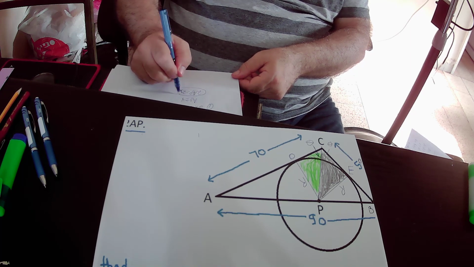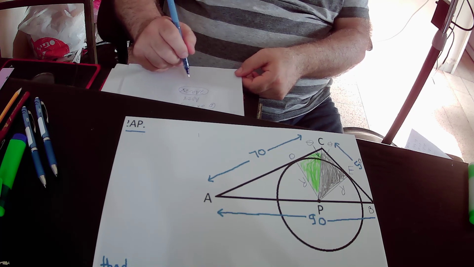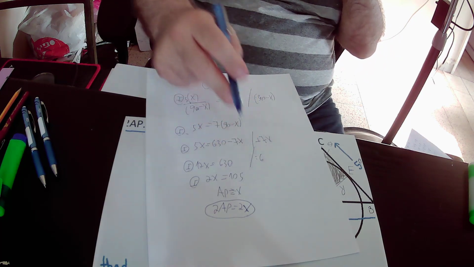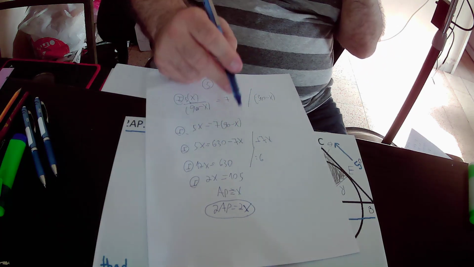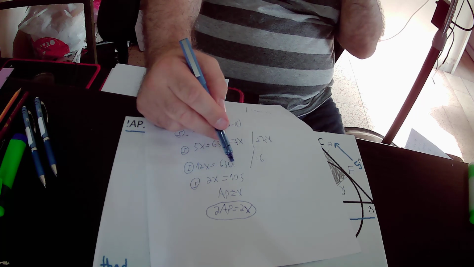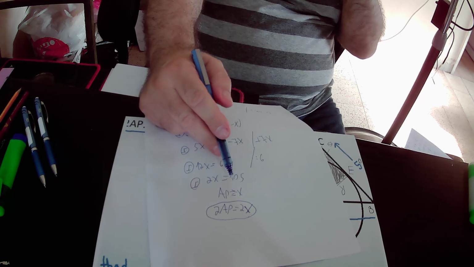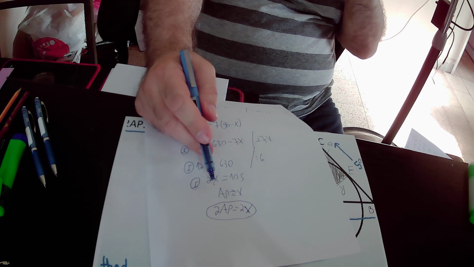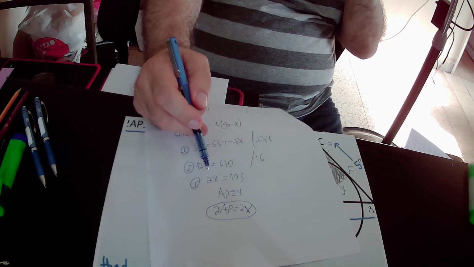Okay. 2 times AP equals 2 times x, but 2 times x equals 105, and 2 times x equals 2 times AP, so we can write equation 1.